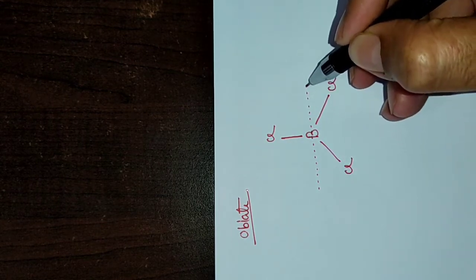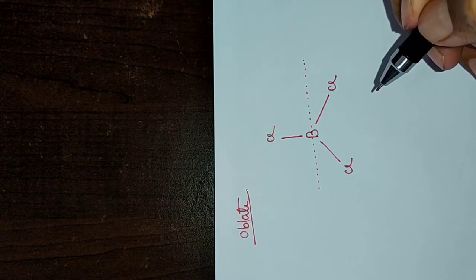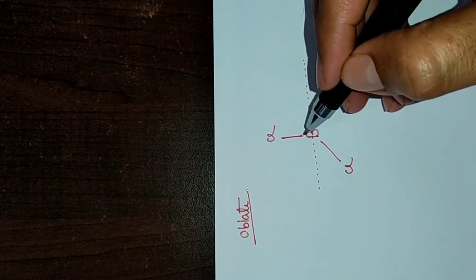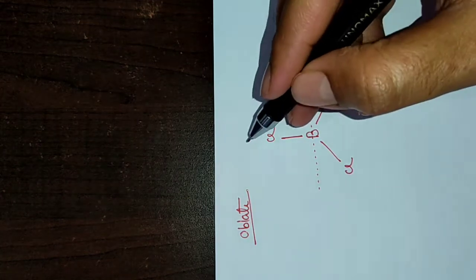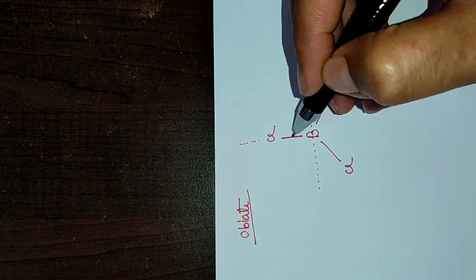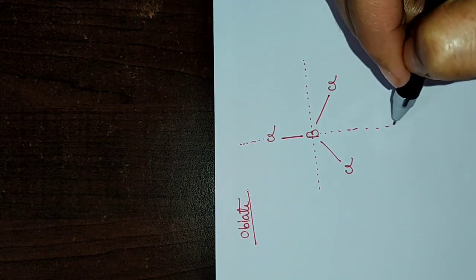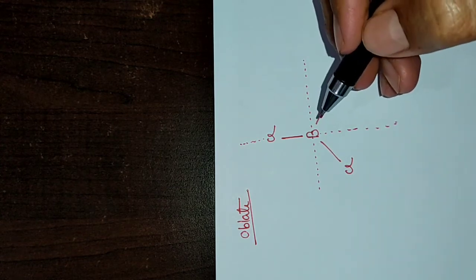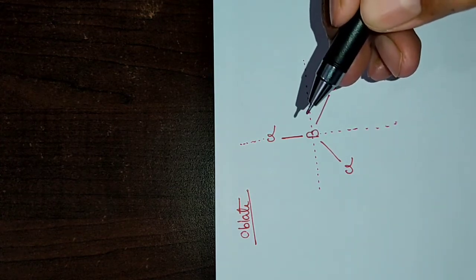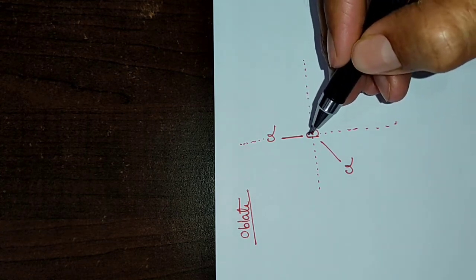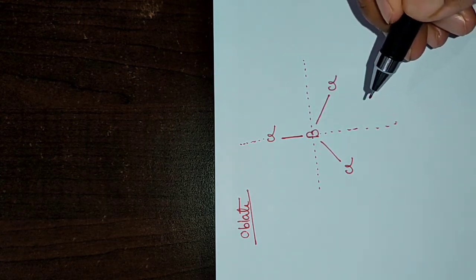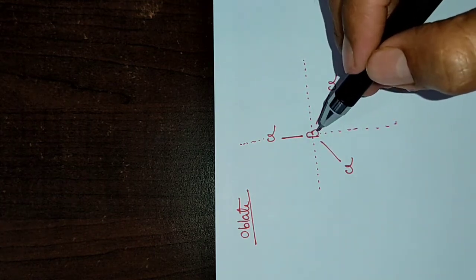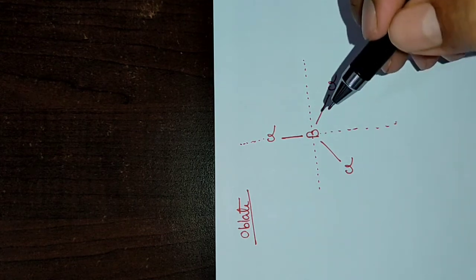Now the three different axes: one will pass in this direction, another will pass along this BCl bond, so it will be X, it will be Y, and obviously the third one will be perpendicular to this plane, so it will pass perpendicularly through boron, and it will be perpendicular to the plane of the molecule since the hybridization is sp2 and the molecule is trigonal planar.